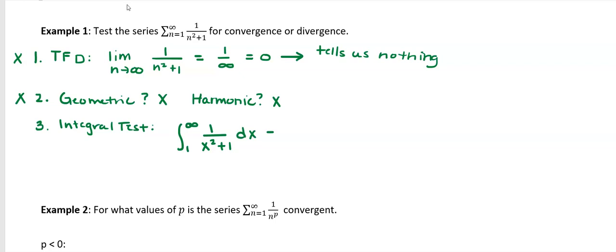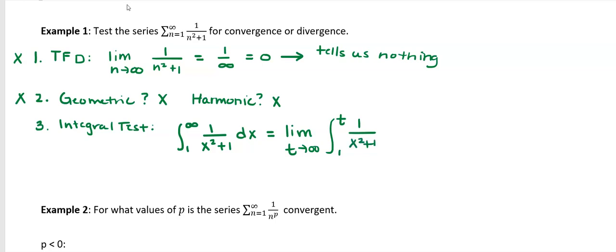Now we know from our prior lessons that you can't just evaluate this with an infinity as a part of the integral. We have to change this into the limit as t approaches infinity and change our bounds from 1 to t.